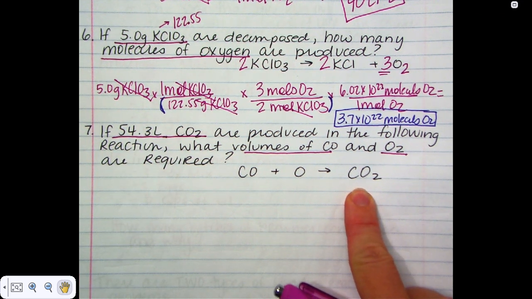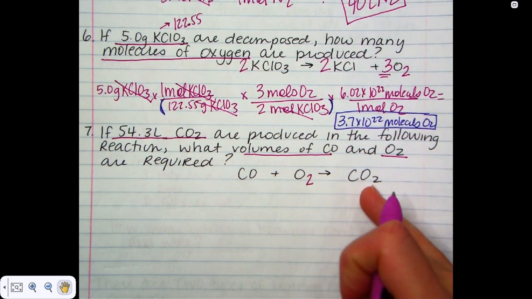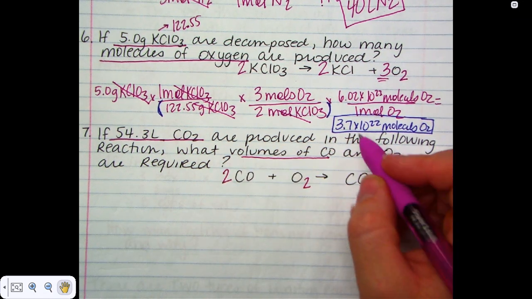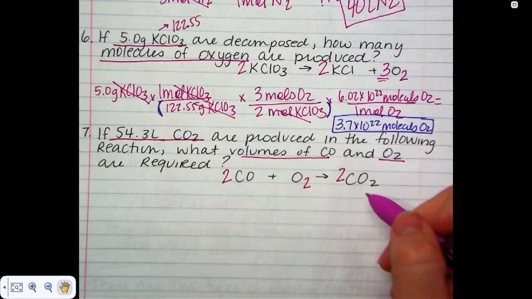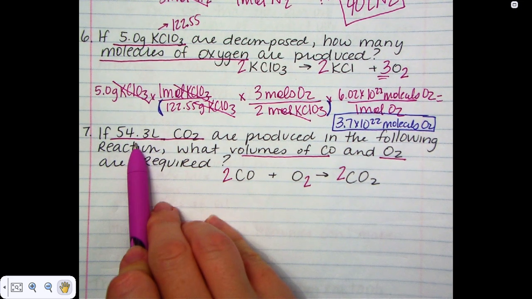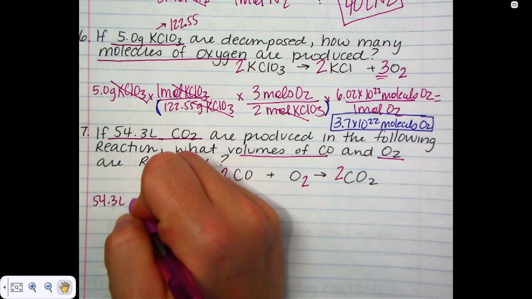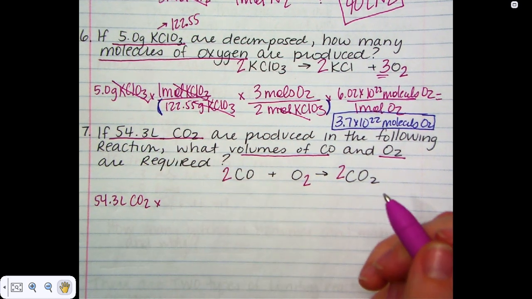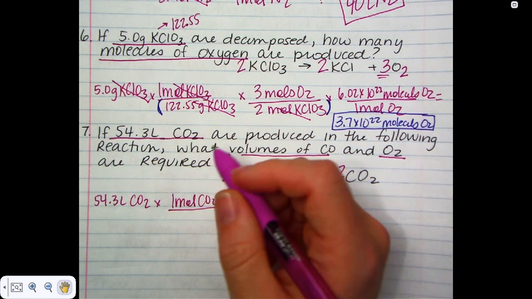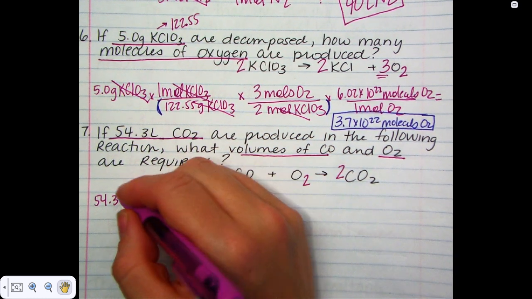Okay, so let's balance our equation. Diatomic 2, I've got 3, so let's put a 2 here and a 2 here. All right, so I'm just going to do 2 equations. Both of them are going to start with the same beginning number. So 54.3 liters of CO2 times 1 mole CO2 over 22.4 liters CO2.